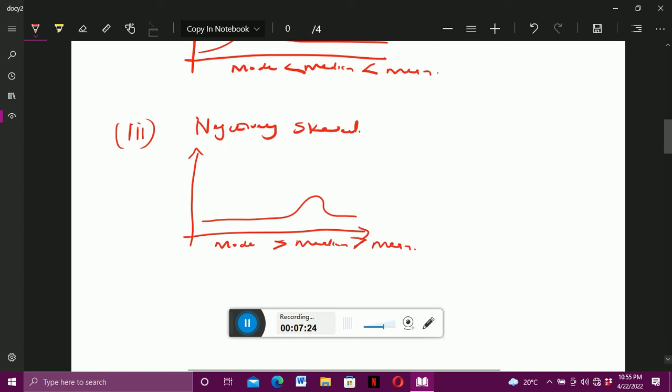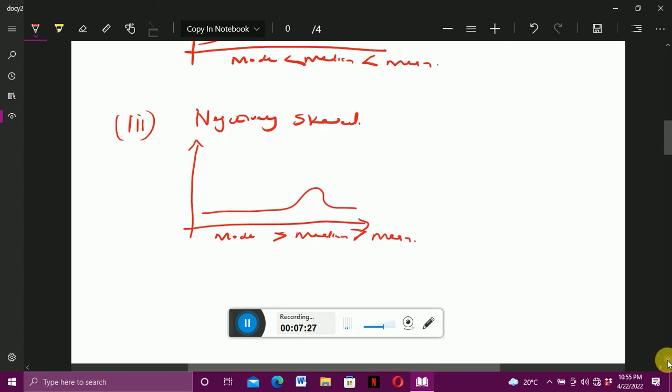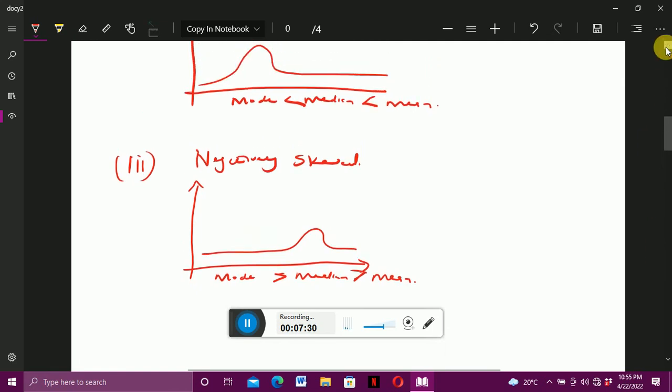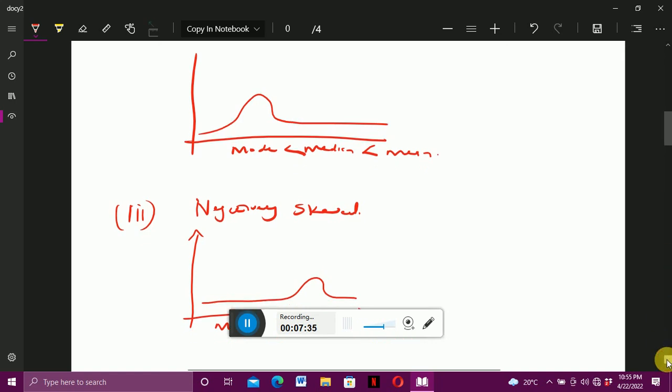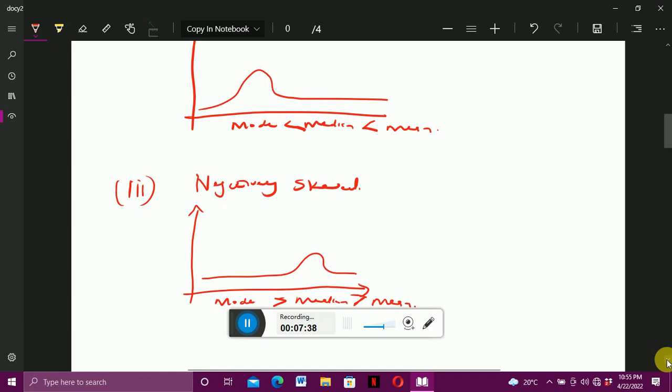So suppose students sit for an exam and their marks are put in a frequency table. Would we rather have a positively skewed distribution or a negatively skewed distribution? You see, if we graduate, we can assume this is 10 marks, 20, 30, 40, 50, 60.